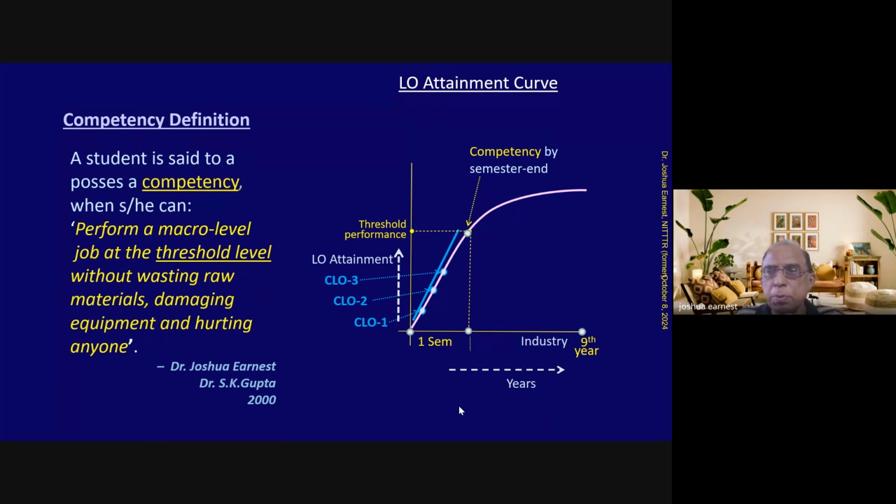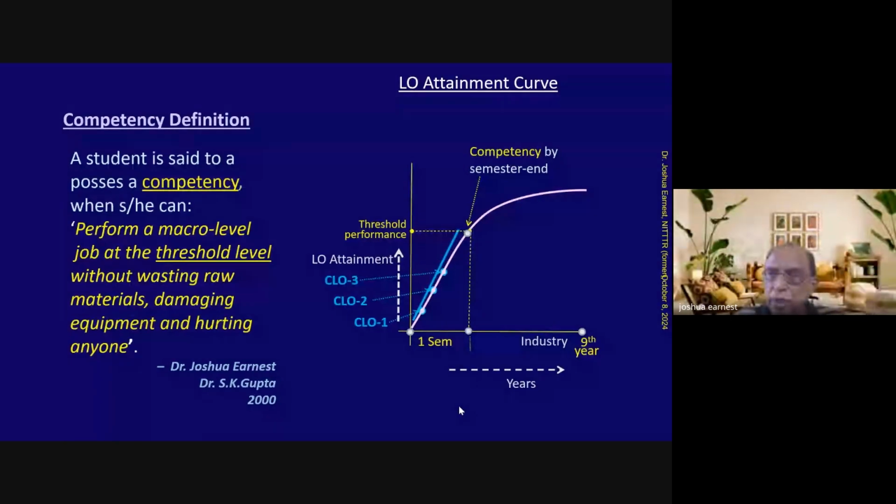What do you mean by threshold performance? The industry knows that within 4 years, you cannot develop expert performance. A minimum acceptable performance is what the industry wants, and that is called the threshold performance. So in one semester, for one course, when students acquire CLO 1, 2, 3, 4, 5, or 6 and that is integrated, the competency is achieved.